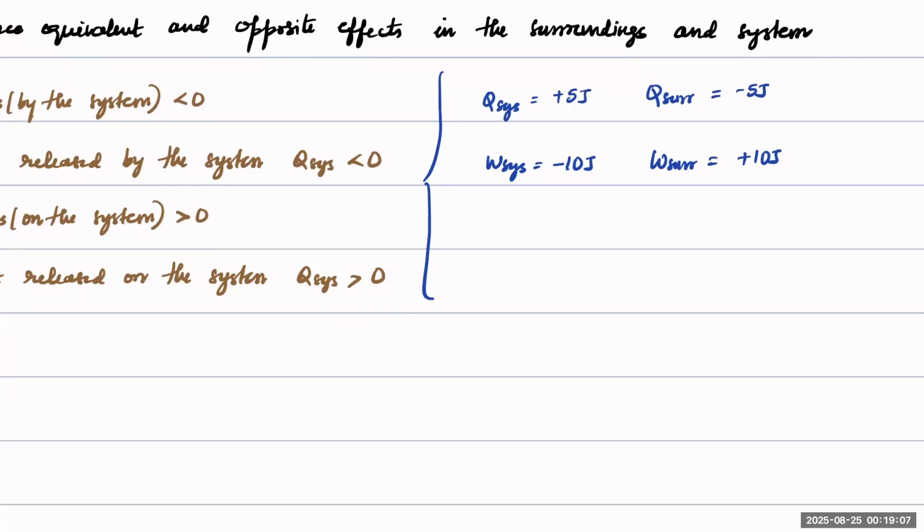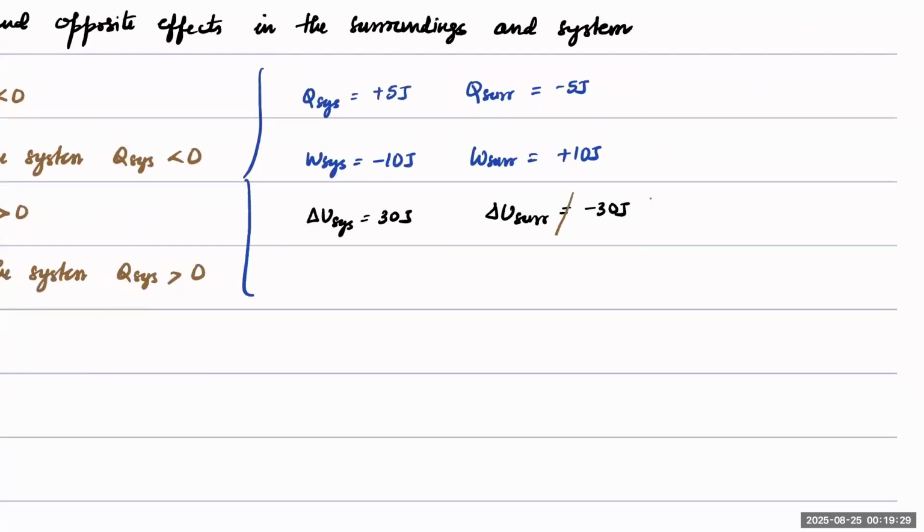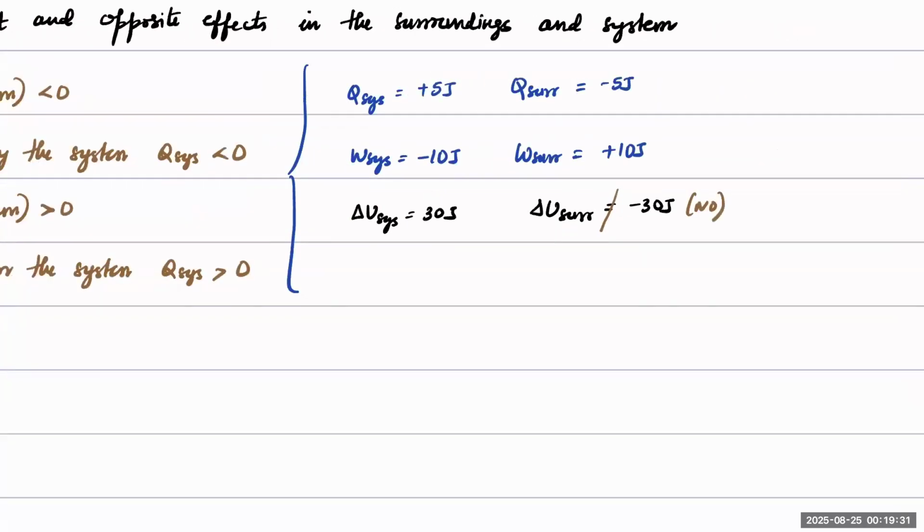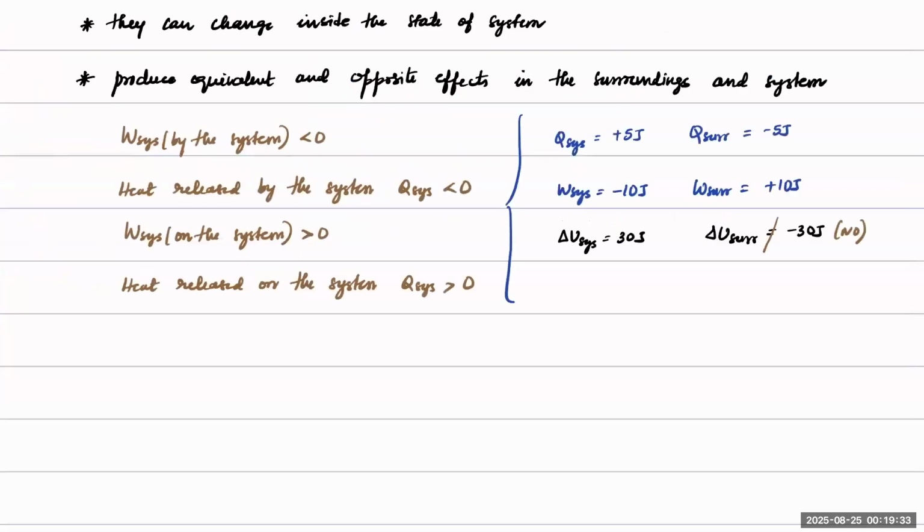But can I say the same thing for change in free energy? Let's say change in free energy of the system is 30 joules. Can I say the same thing, that the surroundings loss is minus 30 joules? Then the answer is no. We cannot say this, because it is a state function.